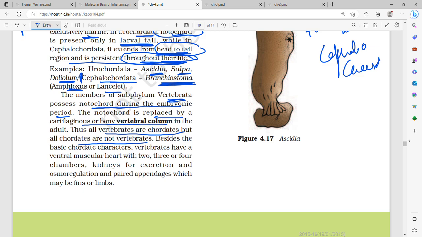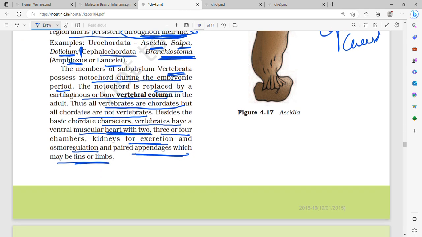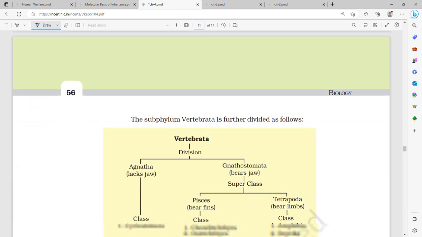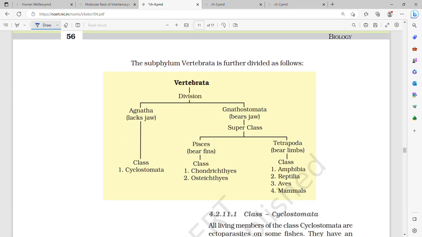Besides the basic chordate characters, vertebrates have a ventral muscular heart with 2, 3 or 4 chambers, kidneys for excretion and osmoregulation, and paired appendages which can be fins or limbs. Vertebrata is further divided into Agnatha, which lacks jaws, and Gnathostomata, which bears jaws.